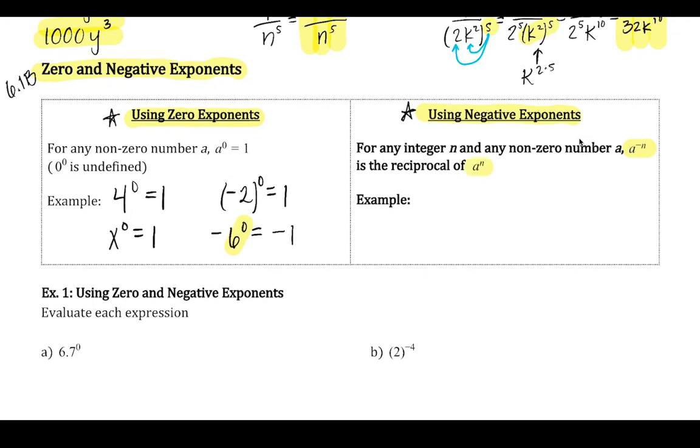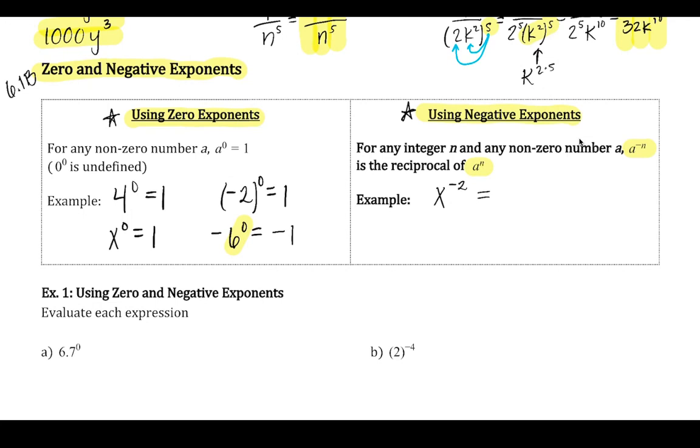And if that doesn't mean a whole lot to you right now, that's okay. Let's say I have x raised to the -2 power. In order to have a final simplified answer, you want to make sure that you have positive exponents. You can't have negative exponents in your final answer. So to make this negative exponent positive, I have to take the reciprocal of the base.